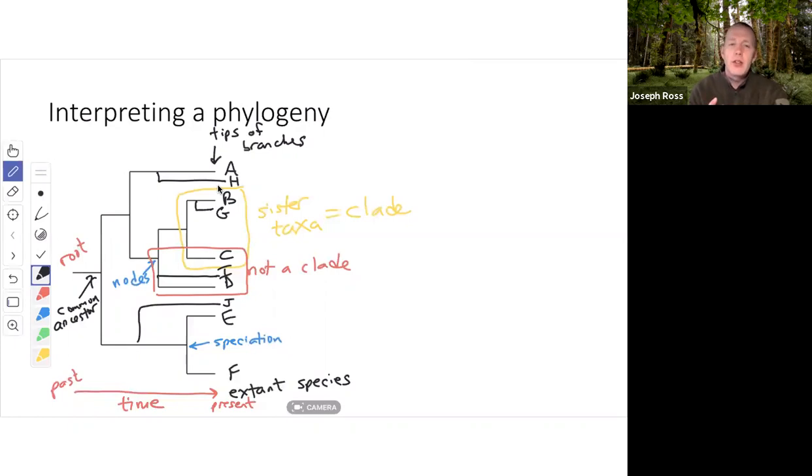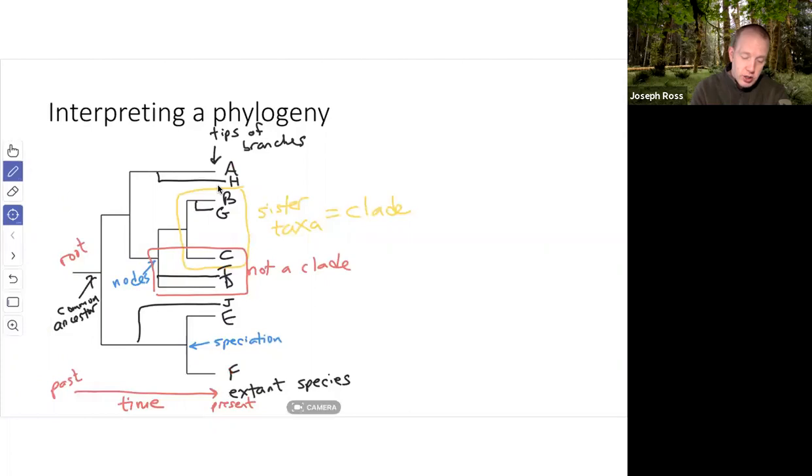Normally, these are just diagrams of species that are currently existing, the extant species, species that currently exist and we can measure, view, and collect data from.